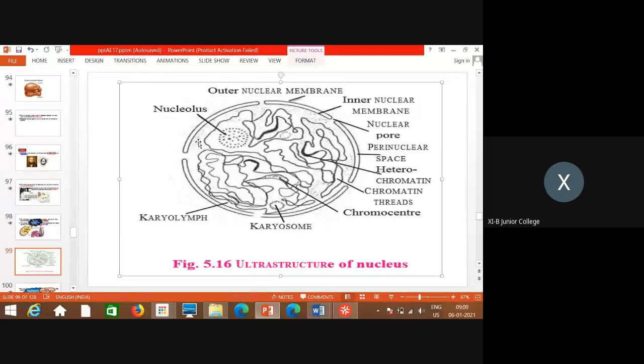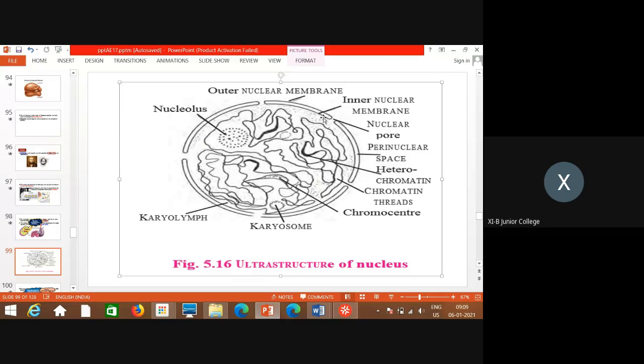That is the 2 membranes you can see here, outer and inner, both the membranes together, which bounds entire material inside it, that is the boundary of the material inside this, that is called as nuclear membrane.